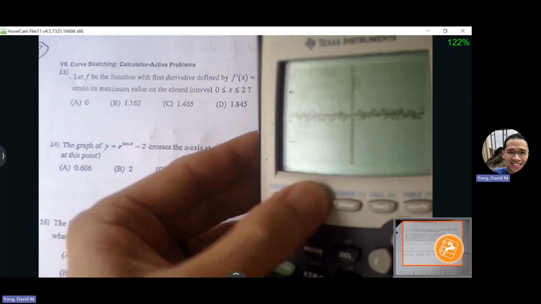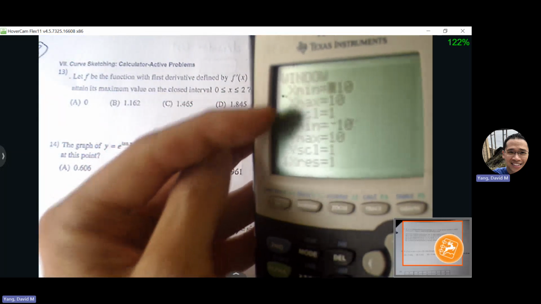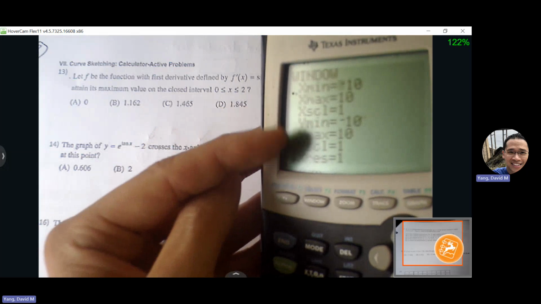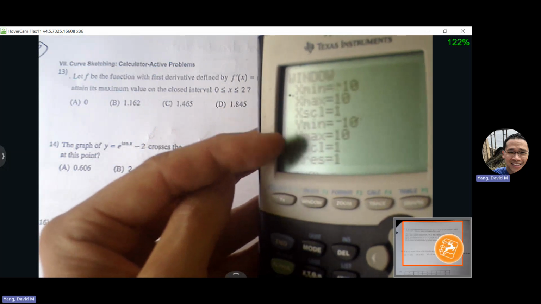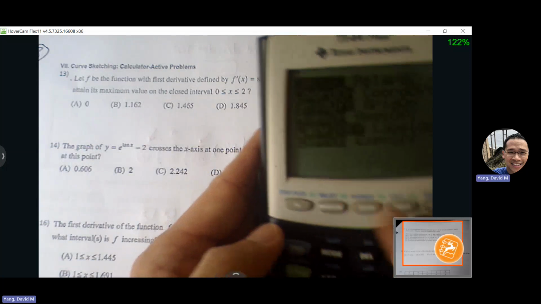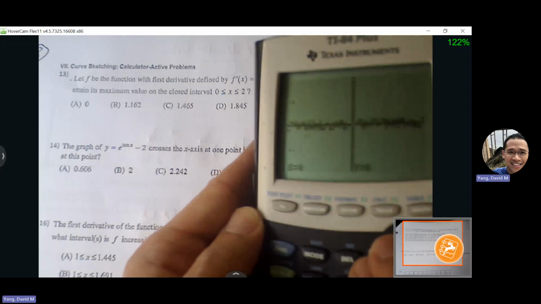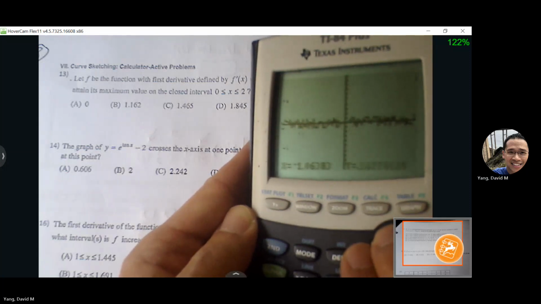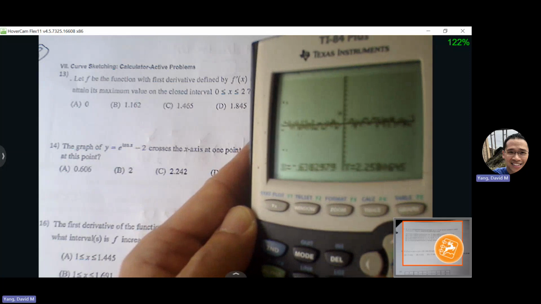So you can either go back to your window and just play with those numbers, make it 0 to 2, and then y min and y max from like maybe -3 to 3. Or if you want to just draw a box, you can. You can just do zoom 1, and just put a box around that interval from 0 to 2.